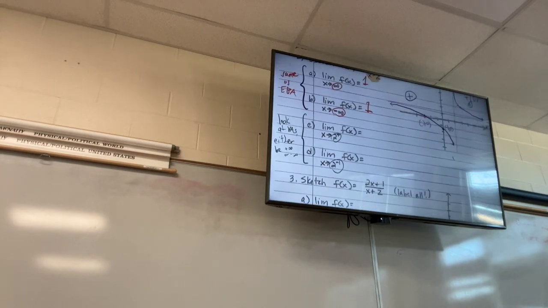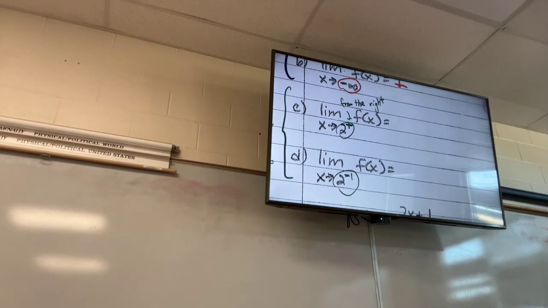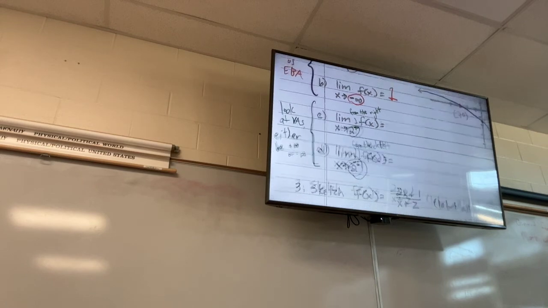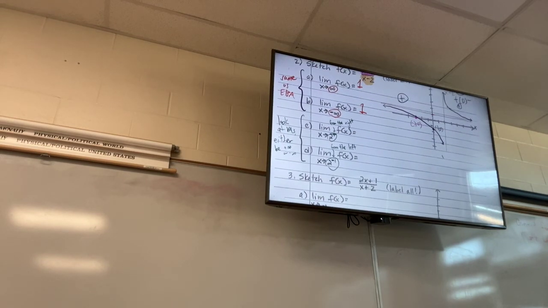How do we know? So this 2 plus, what does the plus mean? Plus means from the right. The minus means from the left. Okay, so what this is saying is, I'm looking at part C here.